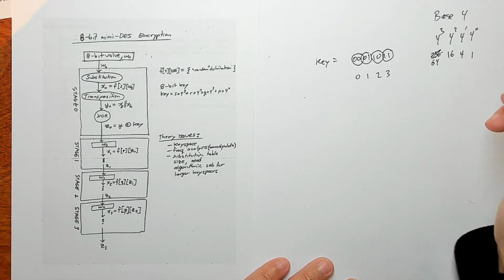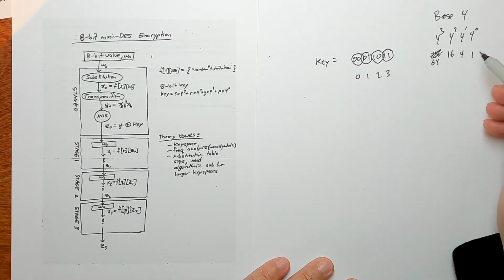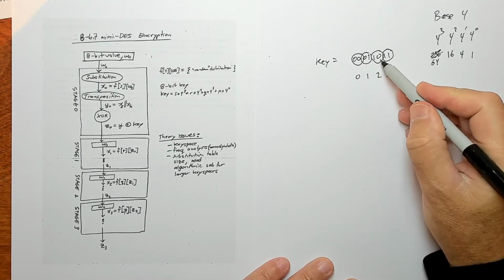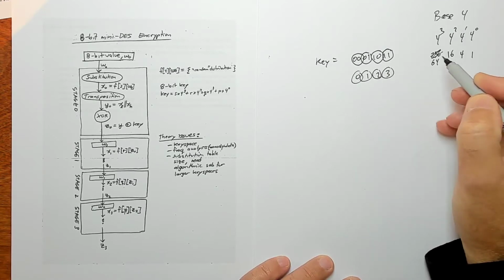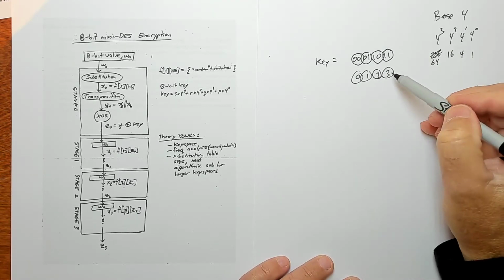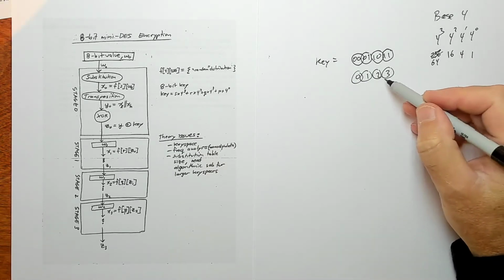Anyway, you could look at this as a base 4 number if you group these bits in 2s, but really all we need is these indexes right here, to do this mapping. That's all we need.